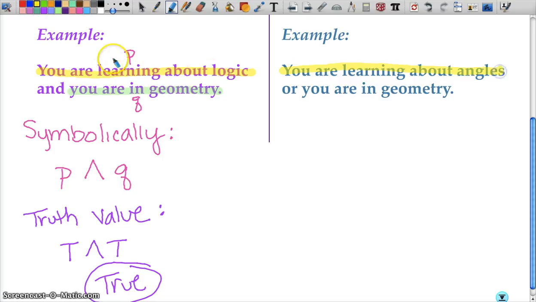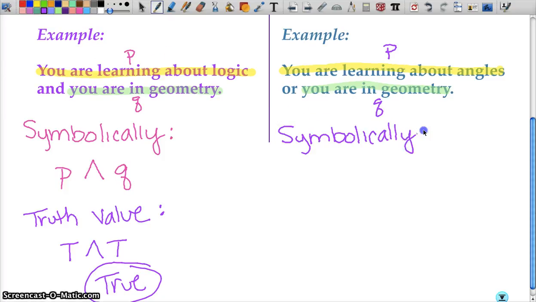You are learning about angles, I'm going to make that be our P statement. And then you are in geometry, I'll go ahead and make that the Q statement. So symbolically, what we have here is P or Q, and that's what it would look like.